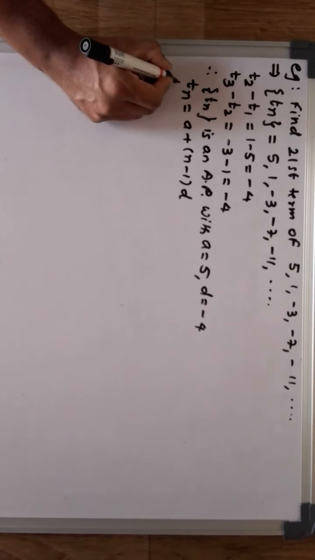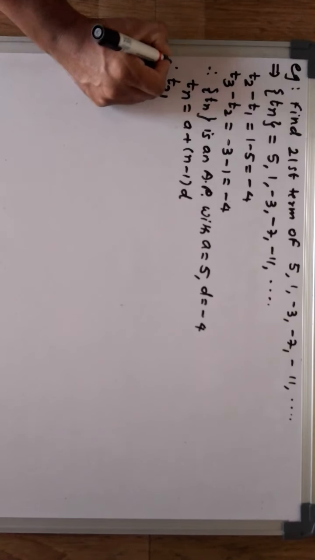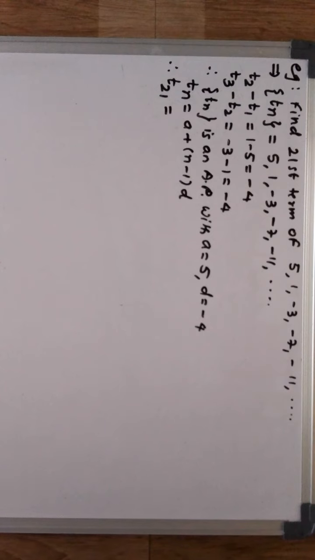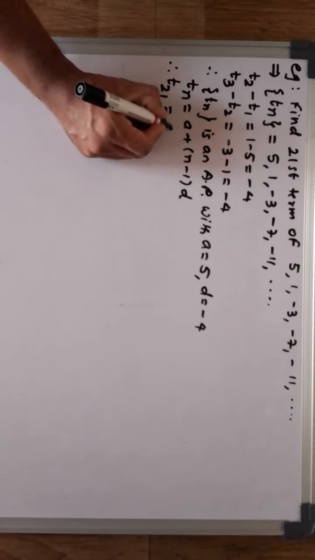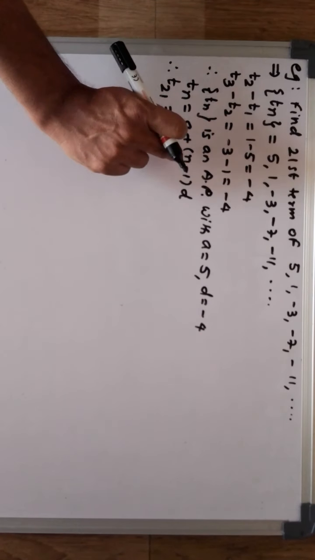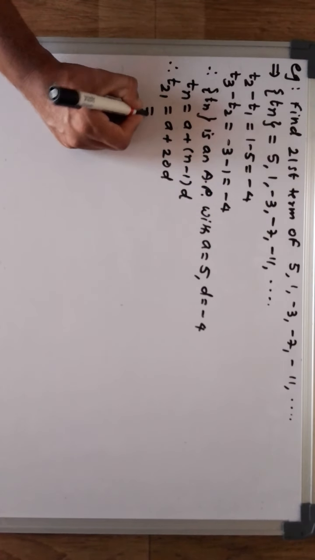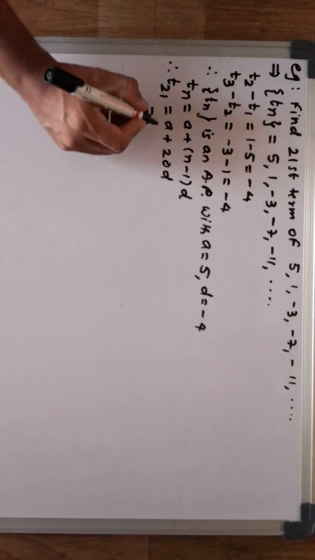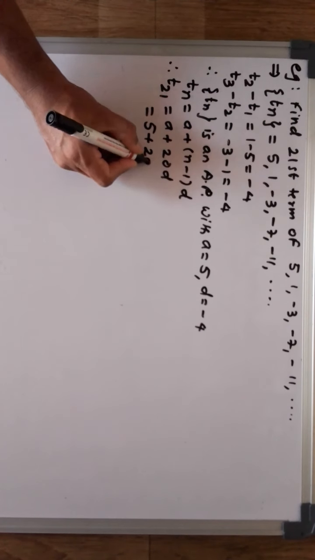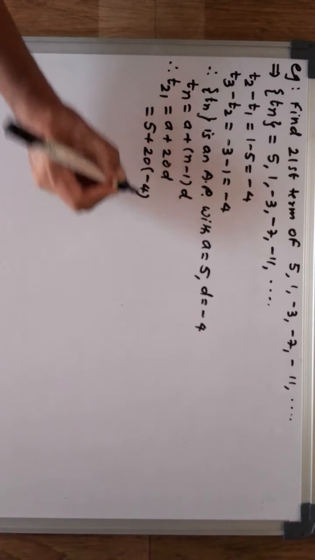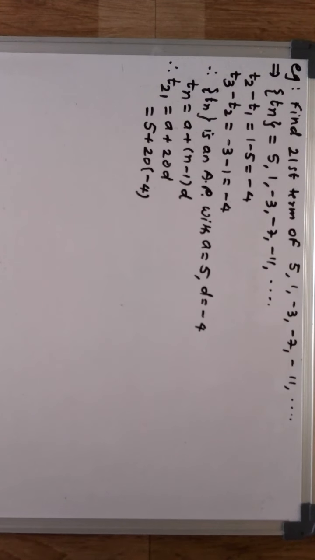So n is replaced by 21: A plus (21 minus 1)d, that is 20d. So your A is 5 plus 20 into d, which is minus 4.